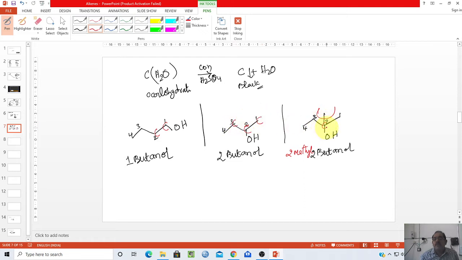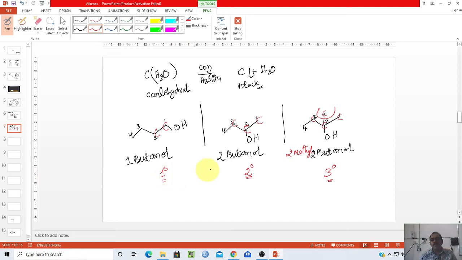A carbon attached to three other ones. This is second and this is third. A carbon attached to three carbons. So this is called a tertiary carbon atom. This is called a secondary carbon atom. This is called a primary carbon atom. And likewise, this is primary alcohol, and this is secondary alcohol, and this is tertiary alcohol.